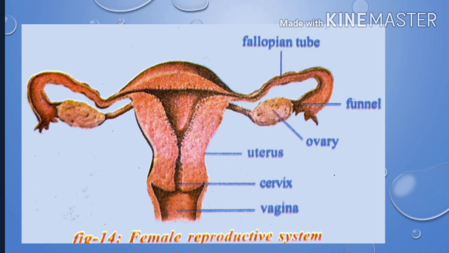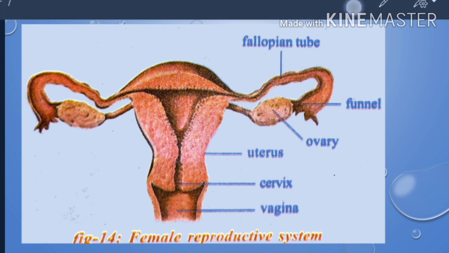And after fertilization, I already told you the first phase of meiosis takes place in the follicle, and the second phase of meiosis takes place here only.